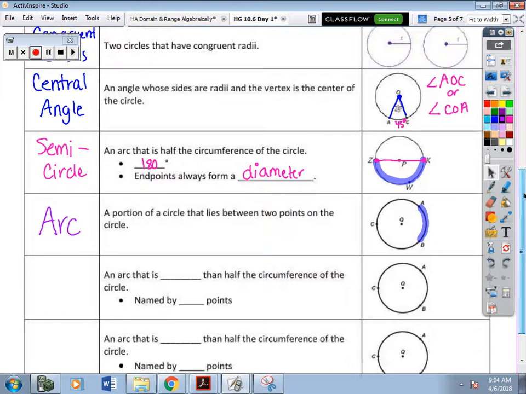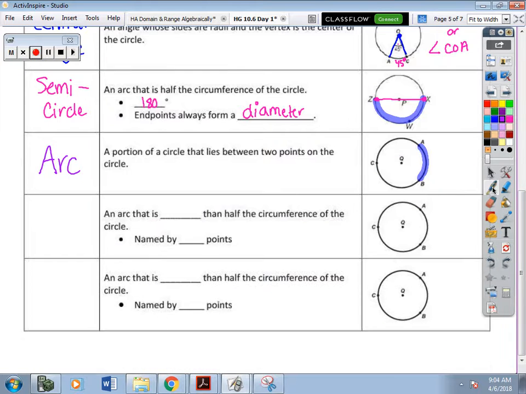Now there's 2 ways that you can classify arcs. So these are like underarching ways you can classify them. As a minor arc or as a major arc. And that's all depending on how many degrees it is. So a minor arc is an arc that is less than half the circumference.